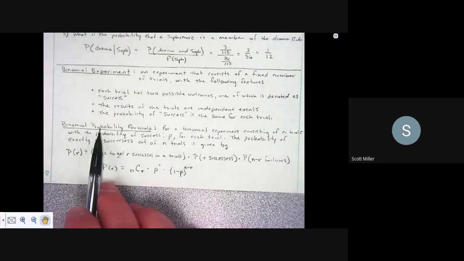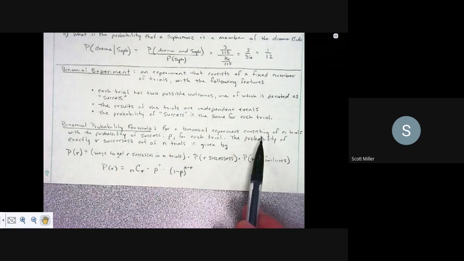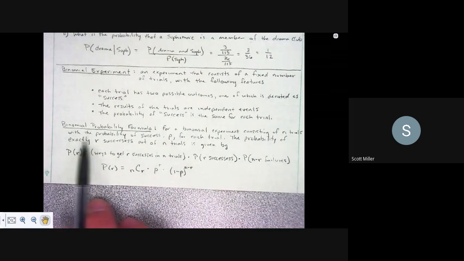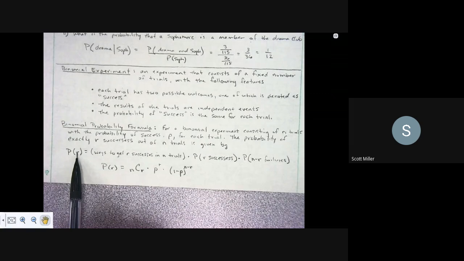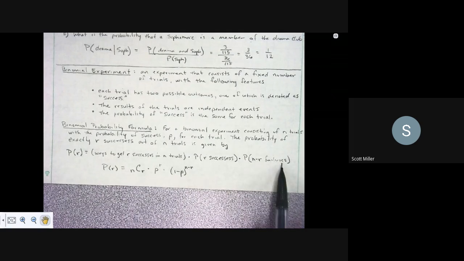All right. So this is following the binomial process, binomial theorem process. So the binomial probability formula for a binomial experiment consisting of n trials with the probability of success p for each trial: the probability of exactly r successes out of n trials is given by this formula right here. So the probability of however many successes I want is the number of ways to get r successes in n trials, times the probability of r successes, times the probability of n minus r failures.